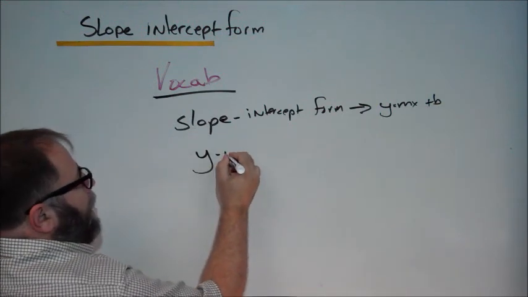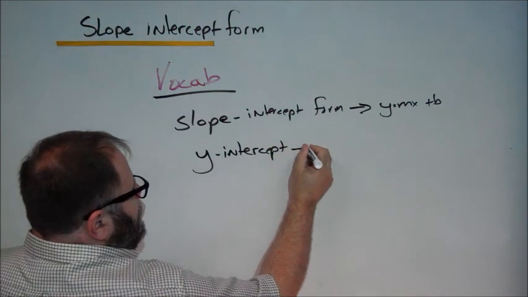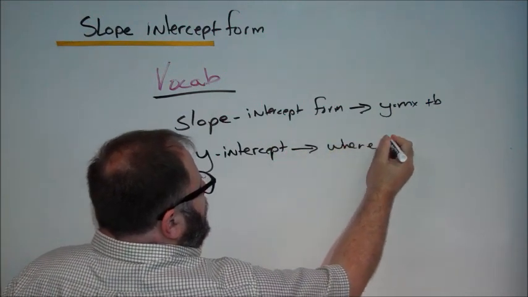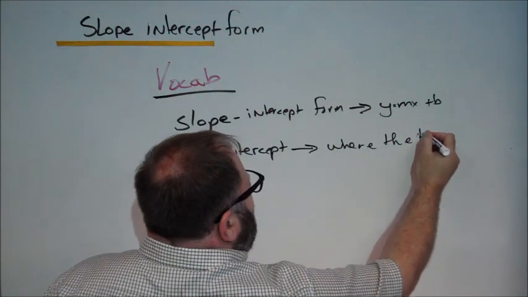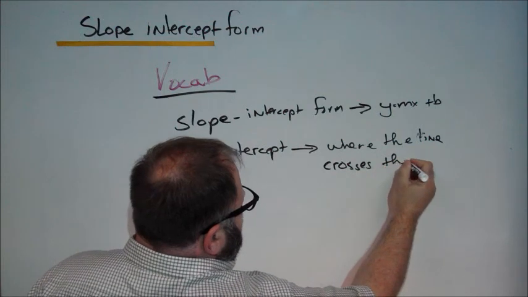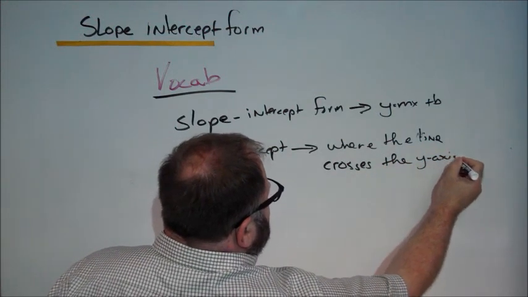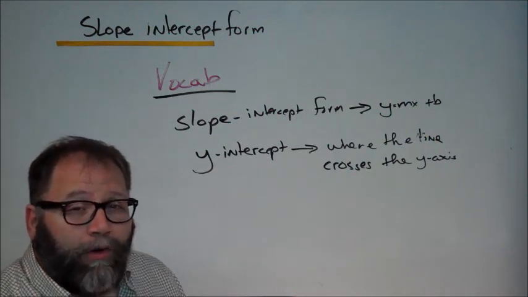We need to know what a y-intercept is. Where the line crosses the y-axis. And we have to be able to move back and forth from those things.